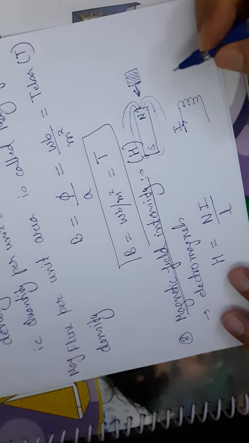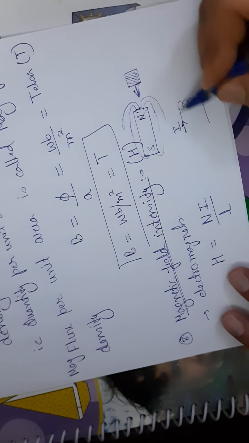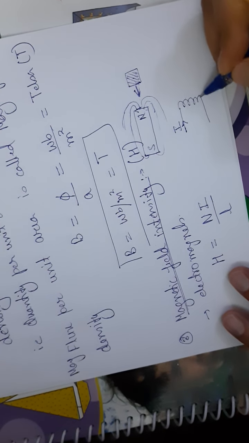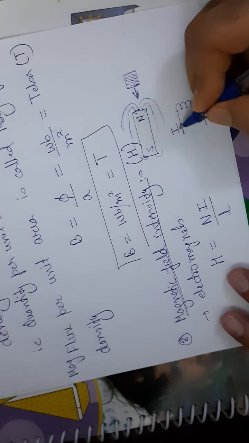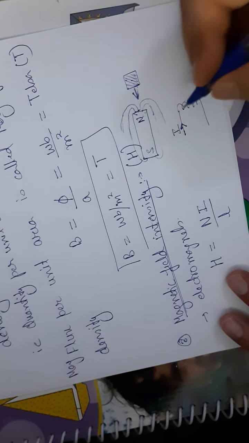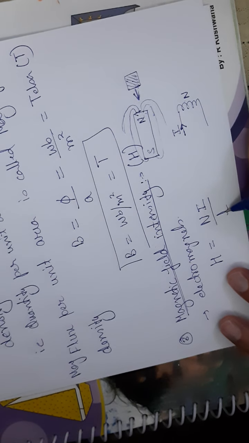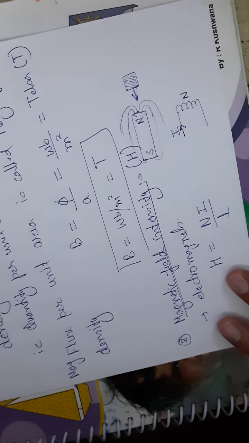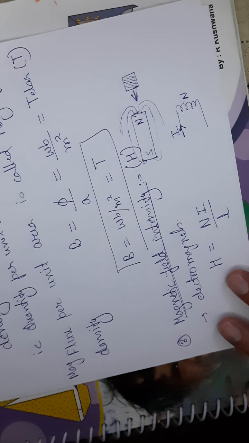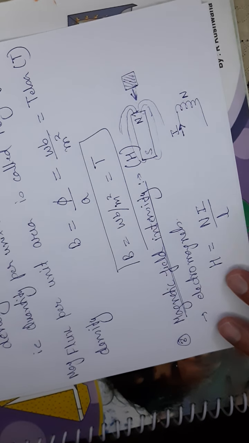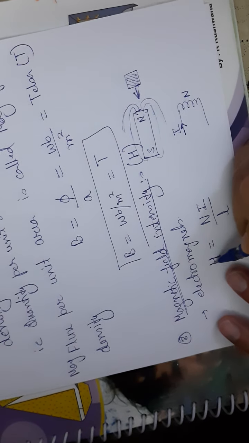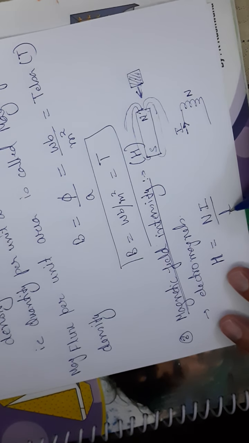How intense the magnetic field will be depends upon, number one, the magnitude of the current, and number two, the number of turns of the coil, and it will be inversely proportional to the length of the coil. So this magnetic field intensity H is given by N I by L.